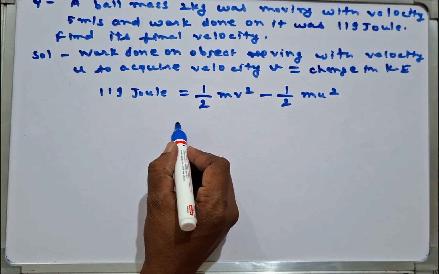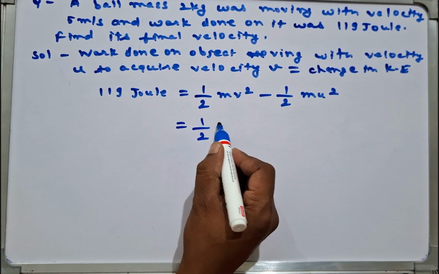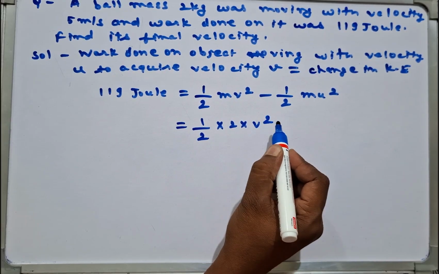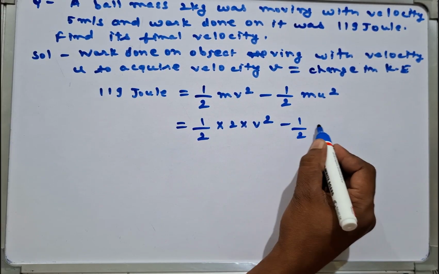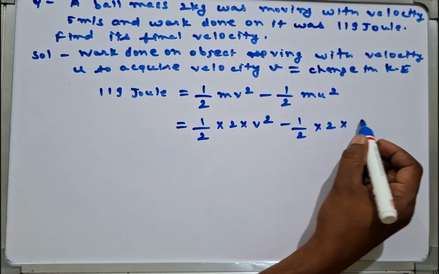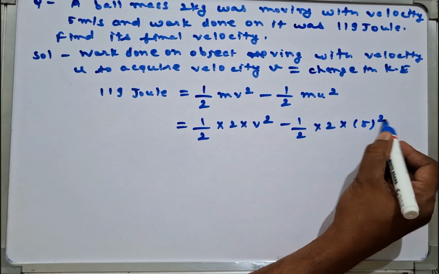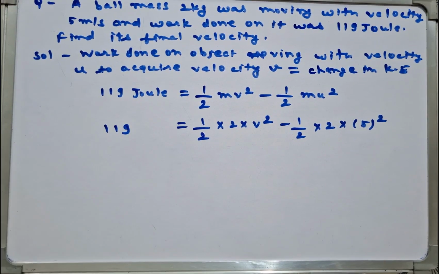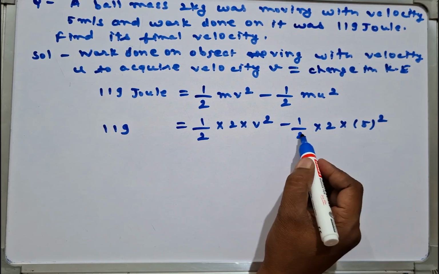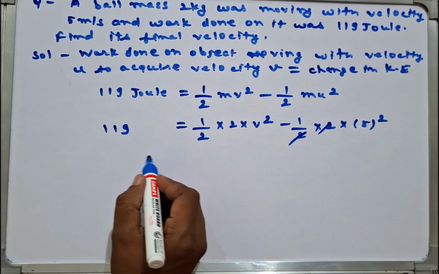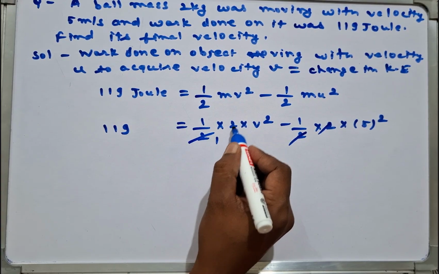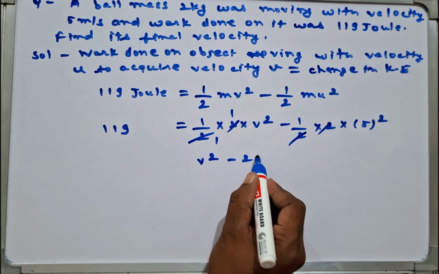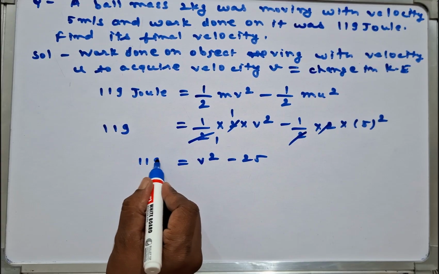So next we can write 1 by 2 into 2 kg mass, v square, final velocity, minus 1 by 2 into 2, initial velocity is this one, equals 119. Now this 2 cancels, also 2 cancels, so v square minus 25 equals 119.